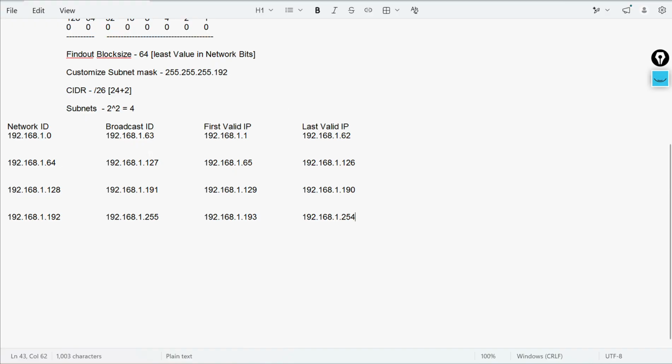So I will assign the first subnet to department A. I will assign the second subnet to department B. I will assign the third network to department C. Total 3 networks. Right? So this is how to do subnetting for 50 IPs.